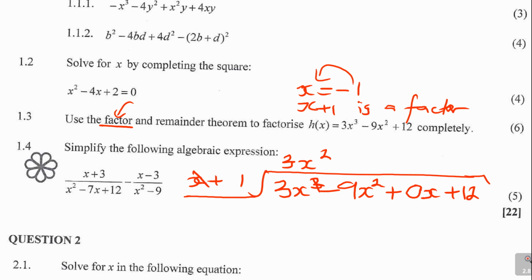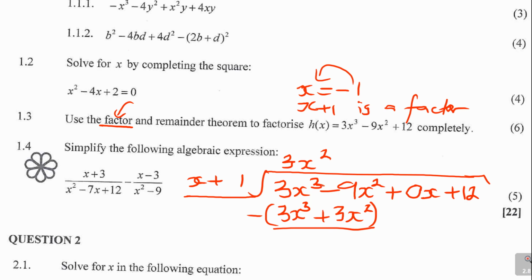Then you multiply 3x squared times x and 3x squared times 1. So 3x squared times x is 3x cubed, and 3x squared times 1 is plus 3x squared. And then you rule off, you say minus, and then you subtract.